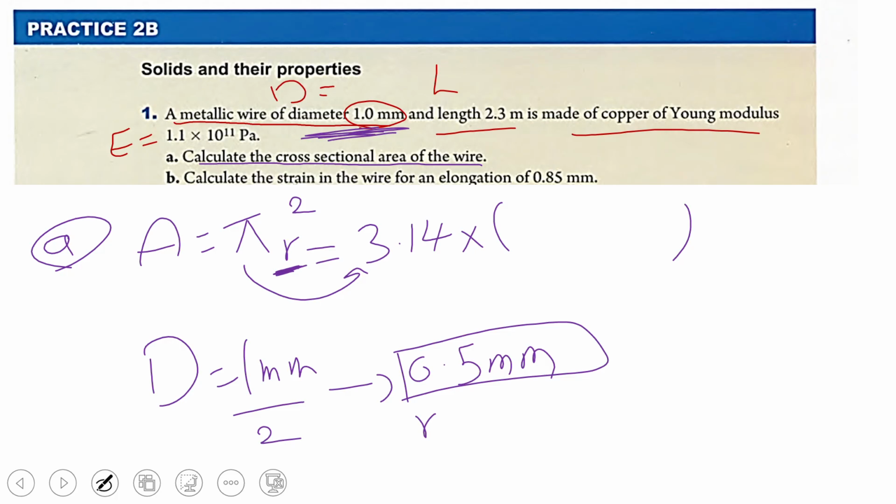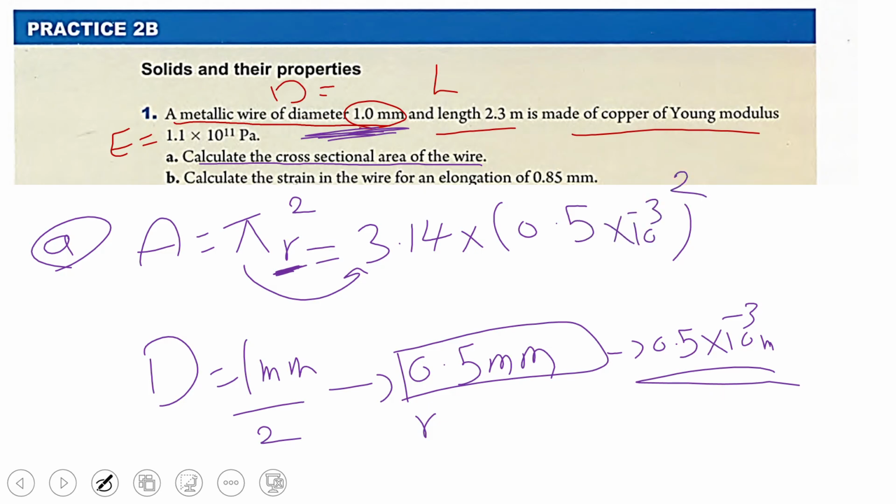So to make diameter into radius, divide by 2. But guys, again millimeter, convert to meter by multiplying 0.5 times 10 power negative 3 meter. This is the value of radius, because we divided by 2 and converted to meter. Put the value of radius in here, 0.5 times 10 power negative 3, power 2, and you have to square it.